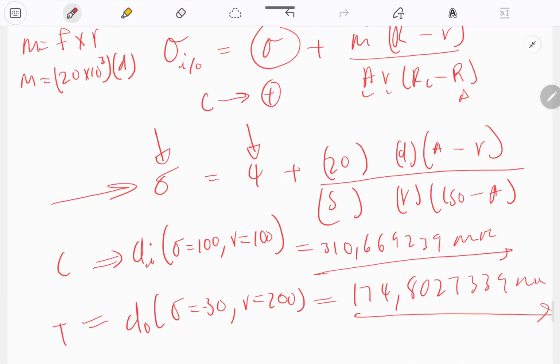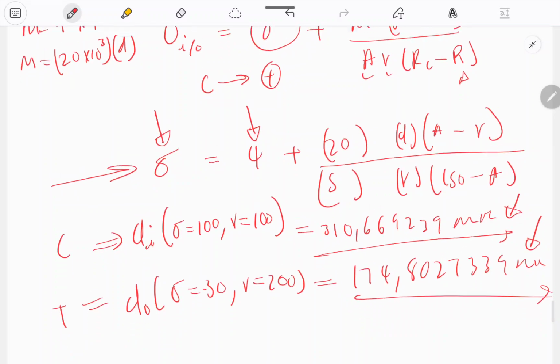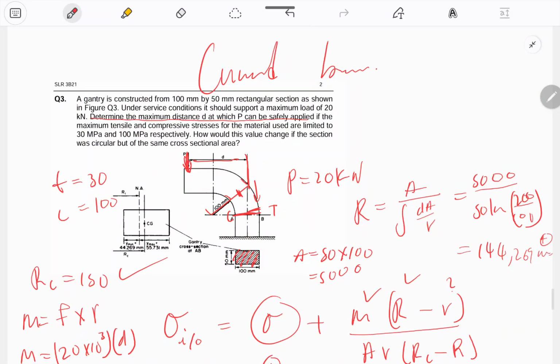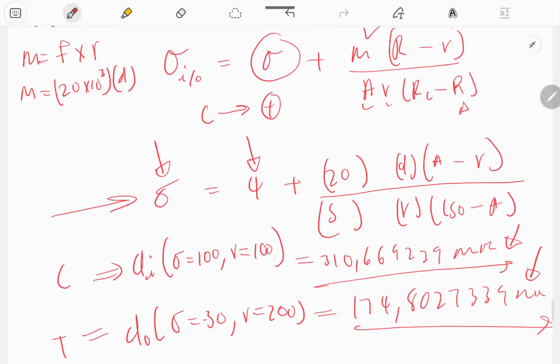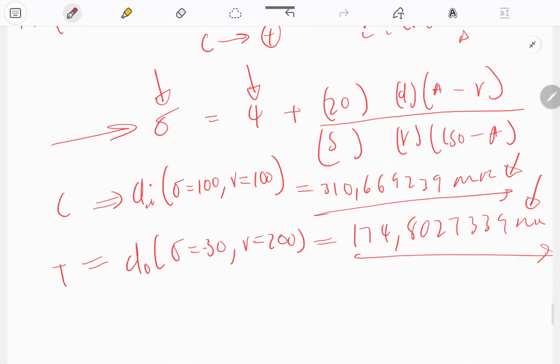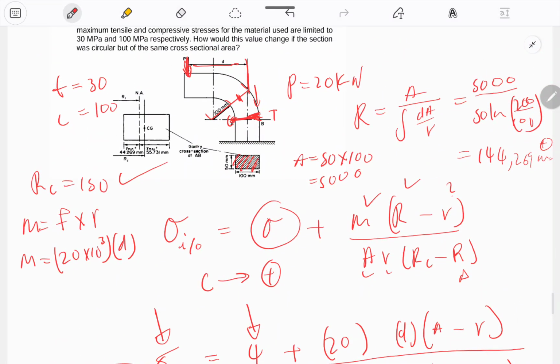For instance, let me just put numbers into it. Here it was compression. That means to fail in compression, you needed this much distance, but to fail in tension, you need this much distance. That means this thing will fail in tension first. That means this thing will probably break this side first as soon as it's at 174 mm. That means going above this would make this thing fail anyway. You can't even make it fail here by compression, if that makes sense.